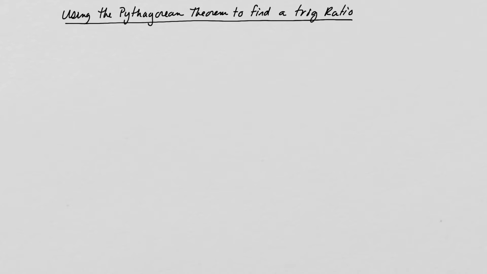So in this video, we're going to continue to look at finding the trig ratios for triangles. But in these problems, we're not going to be given all the side lengths of the triangle.